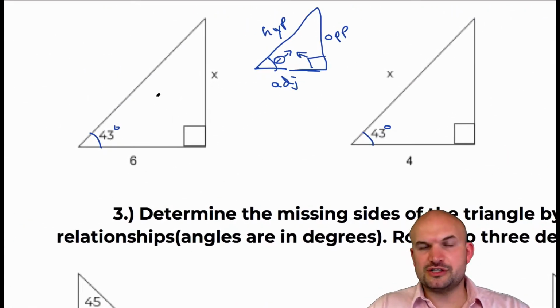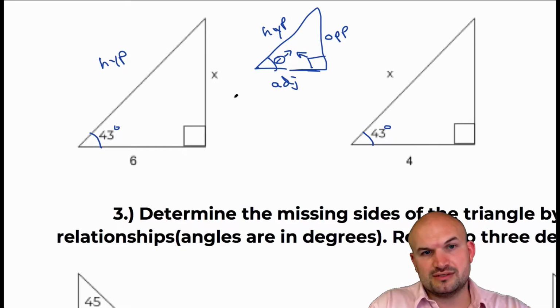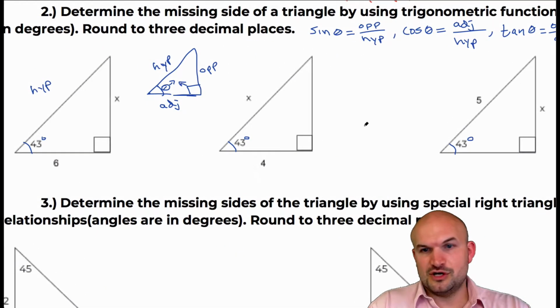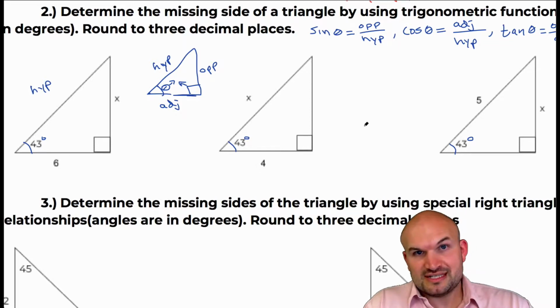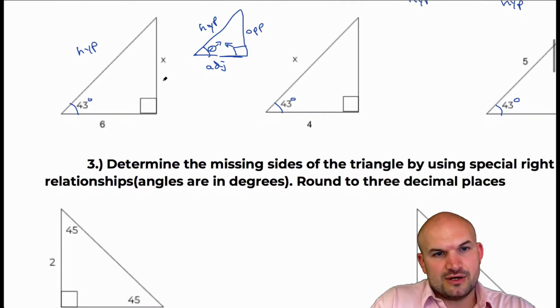Well, what we need to do is determine what are we given. So here's your 43 degrees, this is my hypotenuse, and this is going to be the same for almost all these problems because you can see I have all the same triangles, right? So the angle and the 90 degrees are in the same spot. So our hypotenuse, opposite, and adjacent are in the same side. So this will be my opposite side, and this will be my adjacent.